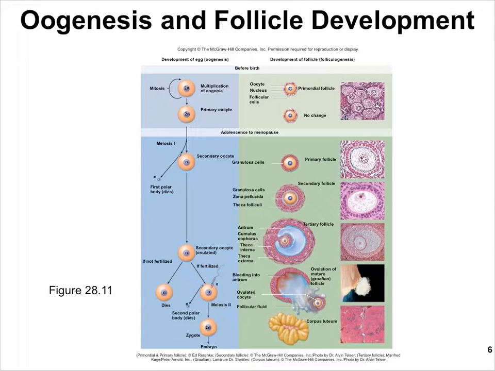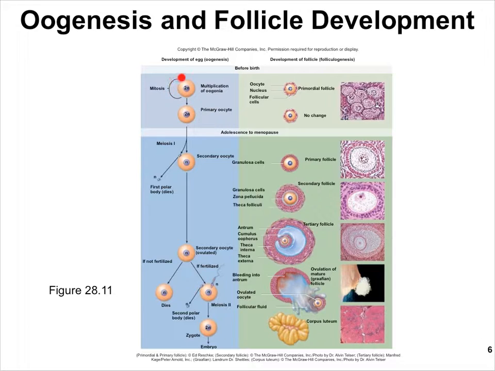Now, during the development of a female infant, like I said, you're born with all of the eggs that you will ever have. During the development of the female infant in the developing ovaries, there are cells called oogonia.